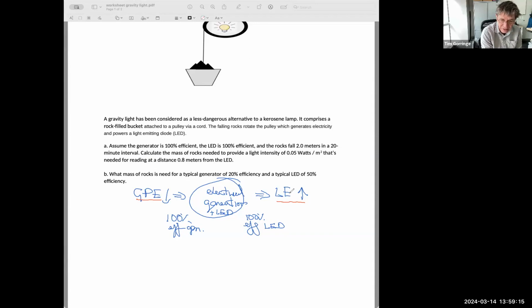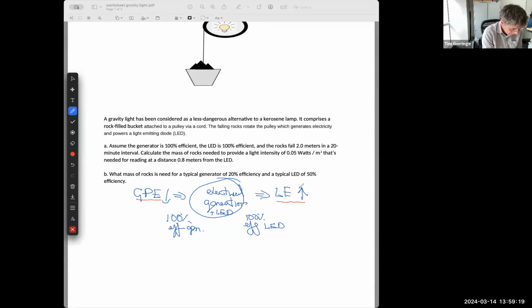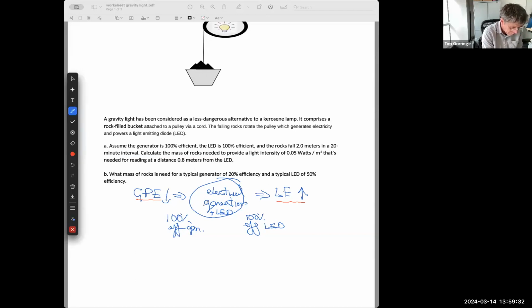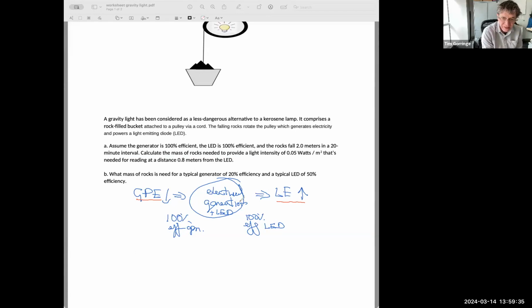It's the light energy. And that's the energy that's output. And we're turning the input energy, gravitational potential energy, into the output energy, the light energy, by the combination of the electrical generator and the LED itself.